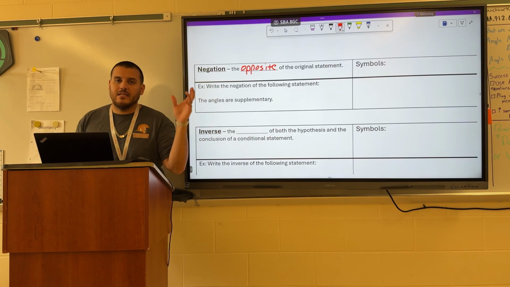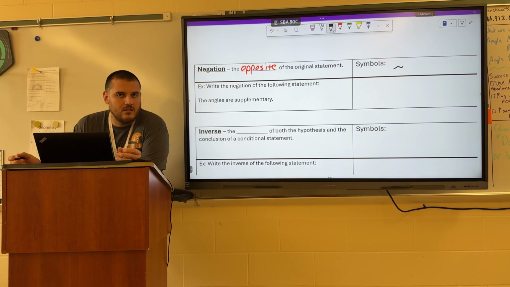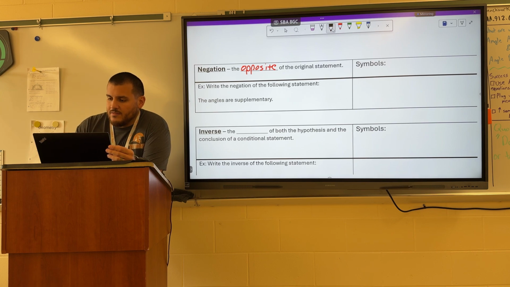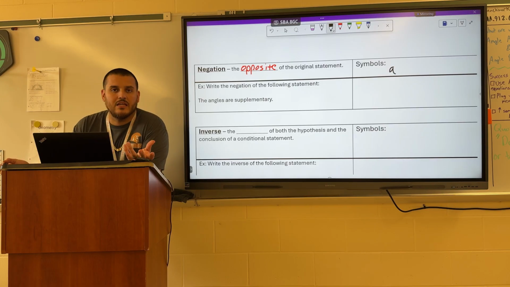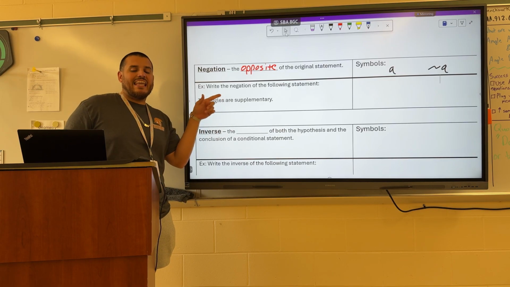To show that in symbols, what we would put is just a little squiggly line, like that. All right, so if you were told that, hey, this conclusion is true, this Q is true, well, the negation of that would be putting a little squiggly in front of it, like so. In our first little example here, we're asked to negate this statement.